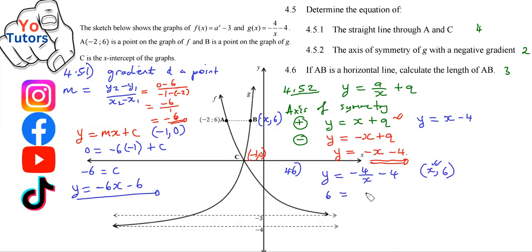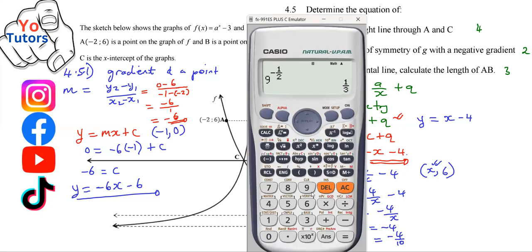So 6 is going to be equal to -4 over x minus 4. Then we take the 4 to that side, it's going to be plus, so 10 equals -4 over x. Then we take the x there, it's going to be 10x equals -4. Then we take the 10 there, x equals -4 over 10.